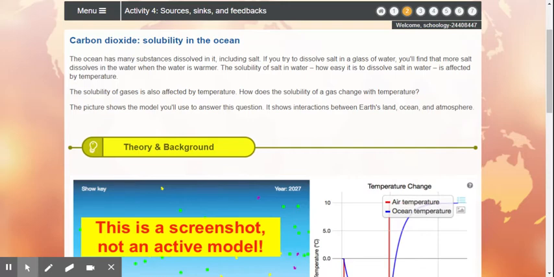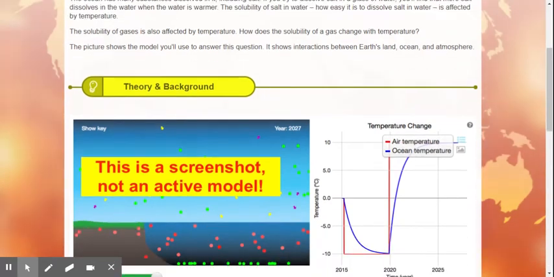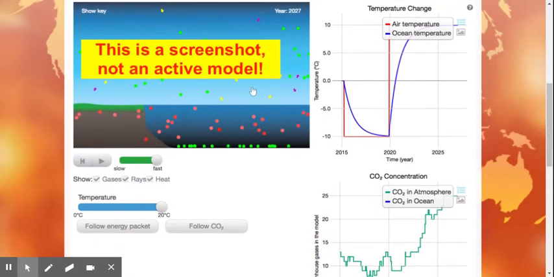The picture below shows the model you'll use to answer this question. It shows interactions between Earth, land, ocean, and atmosphere. Sorry, this is a screenshot. You see it's similar to models we've used in the past. You can slow it down, hit play, and we can increase or decrease the temperature. Over here, the red line shows temperature.